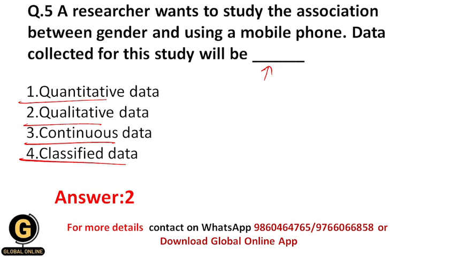That's why he will collect qualitative data, which includes lots of experiences and behaviors of each gender towards the mobile phone. So only quantitative data is not sufficient to study the whole thing, and that's why the researcher will mainly collect the qualitative data. That's why your correct answer should be 2.